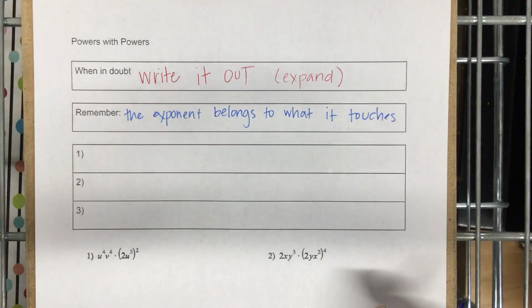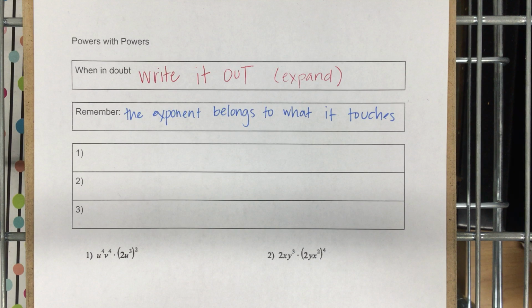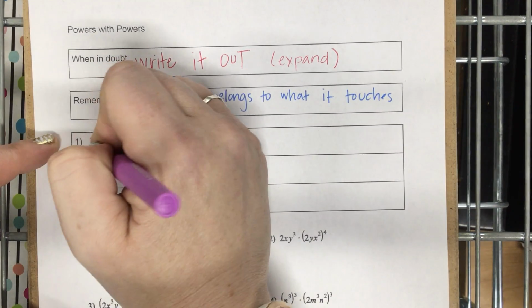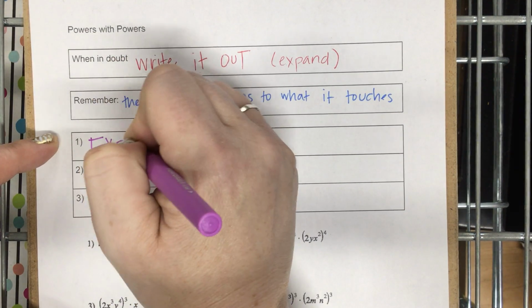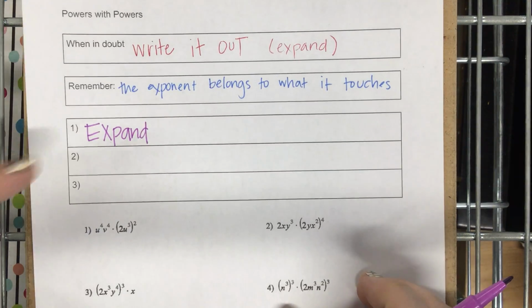It doesn't belong to everything, it only belongs to what it touches. So step number 1 is to expand. Write it out, make it big.